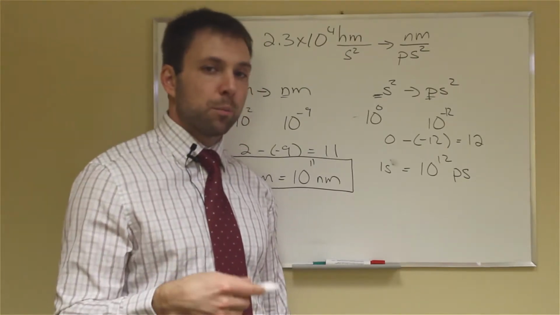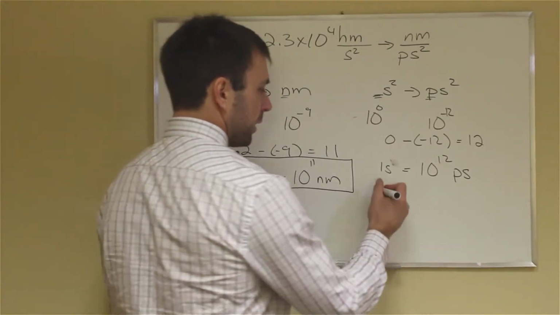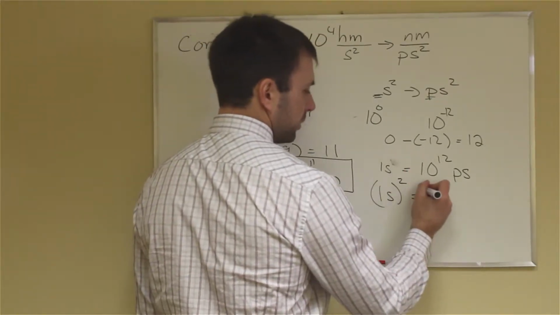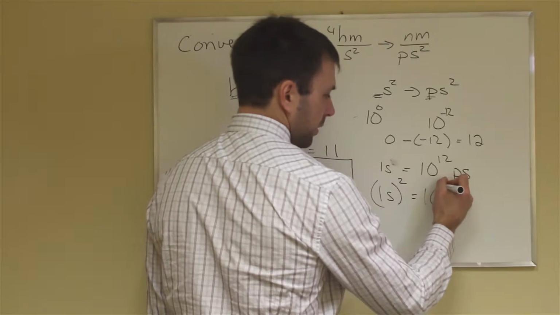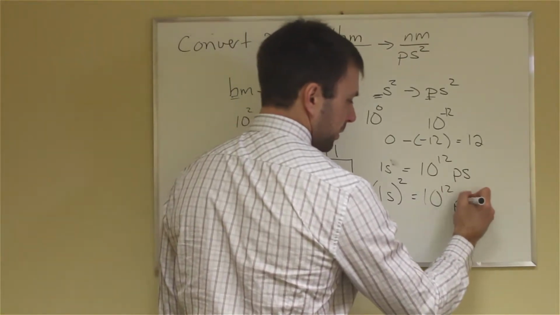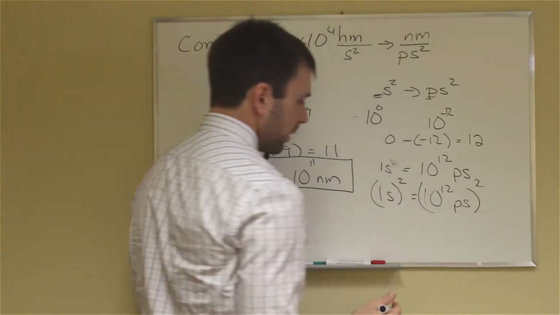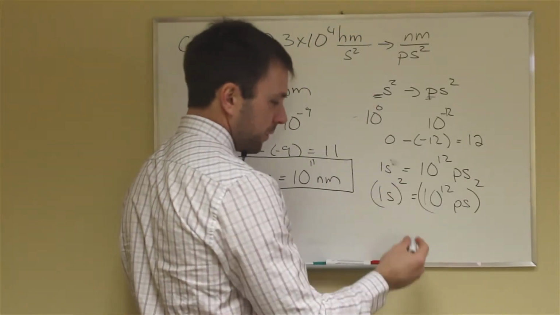So I need to square both sides of my conversion factor. So I get 1 second squared is equal to 10 to the power of 12 picoseconds squared. So 1 to the power of 2 is just 1.